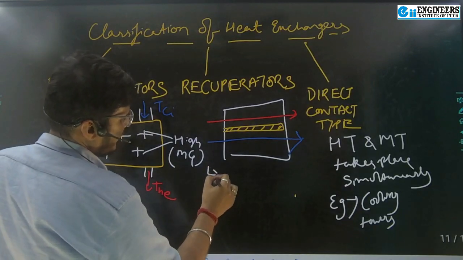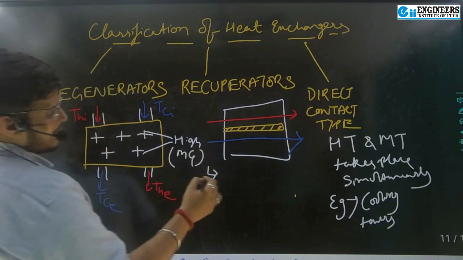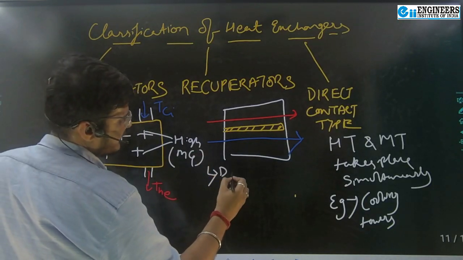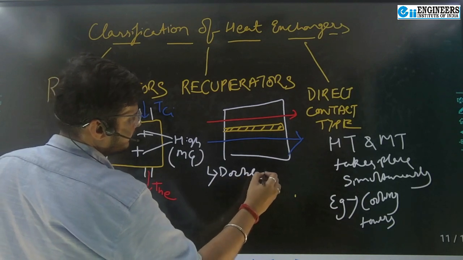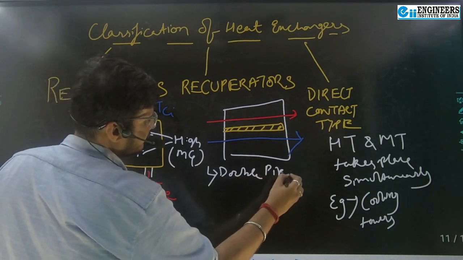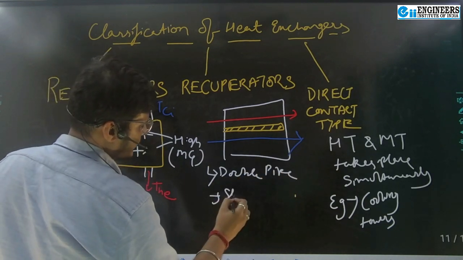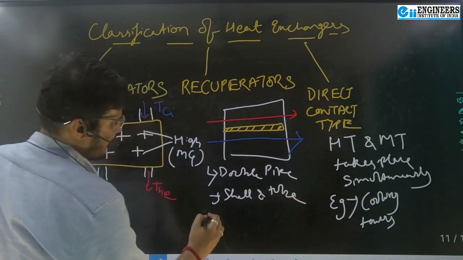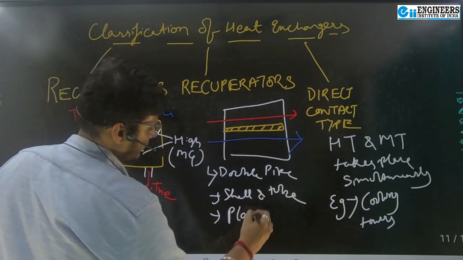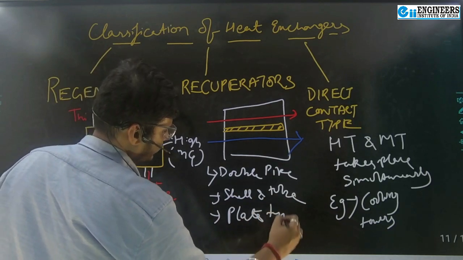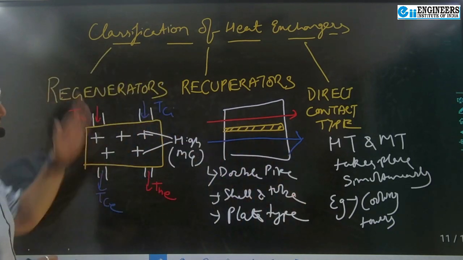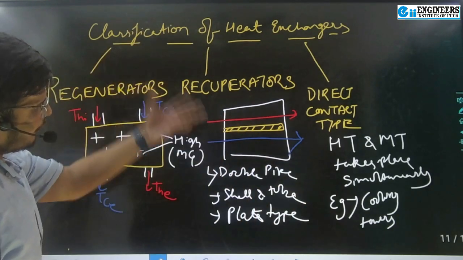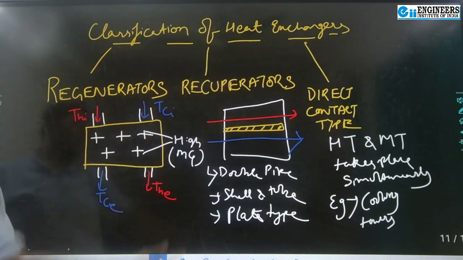A recuperator's example is a double pipe heat exchanger, shell and tube heat exchanger, plate type heat exchanger. Again, here the flow direction can be altered, that we'll be analyzing next.